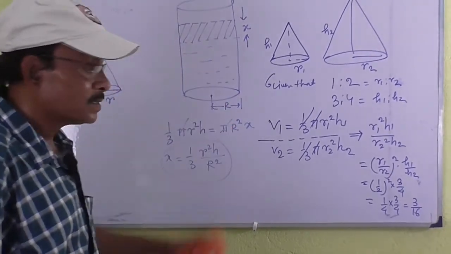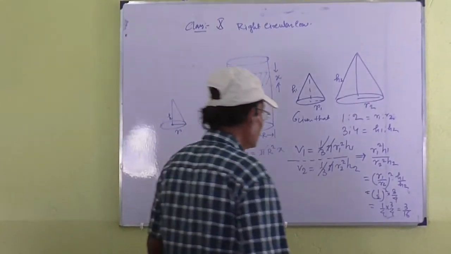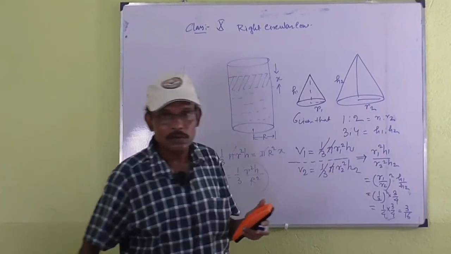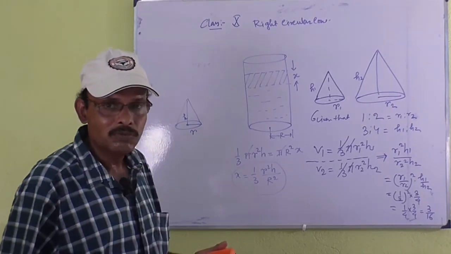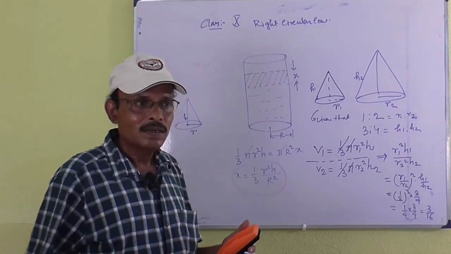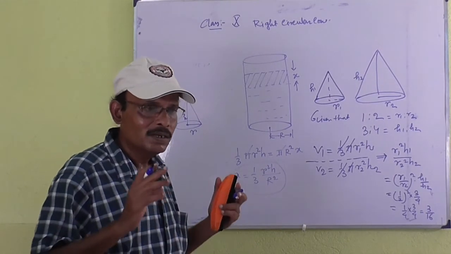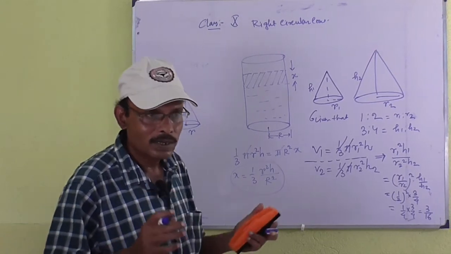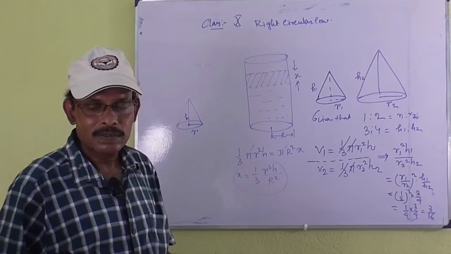This type of sum is to construct your mind to solve the various types of problems, and you must try to solve another problem. I will teach you about the right circular cone, various topics.